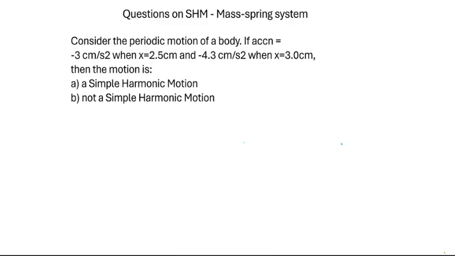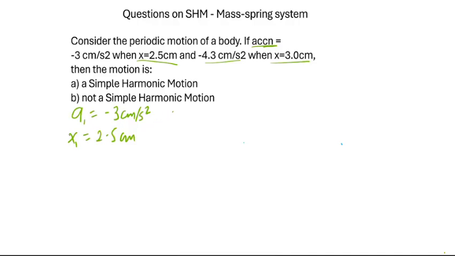Now let's investigate if this motion is a simple harmonic motion. The first thing you do is to list out your parameters. We were given acceleration and we were given distance. I think those are the only things given to us. So the first acceleration is -3 centimeter per second squared, and my displacement is 2.5 centimeter, the first one.